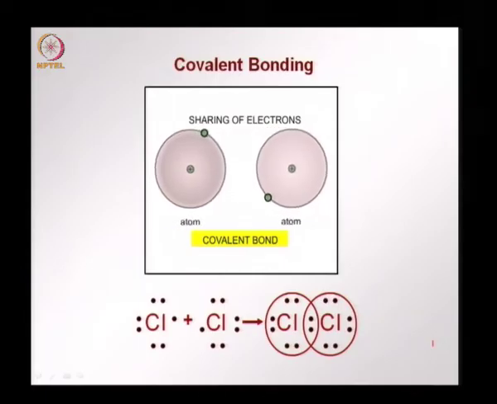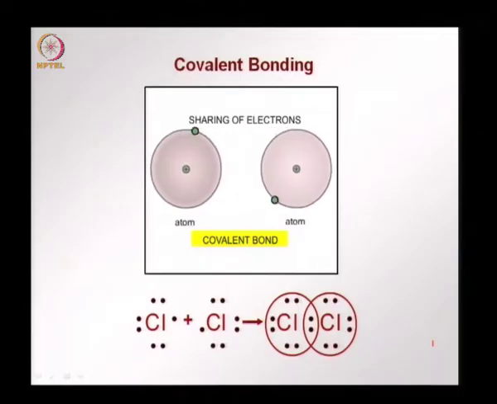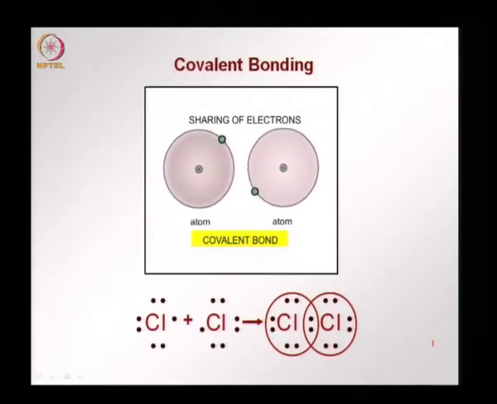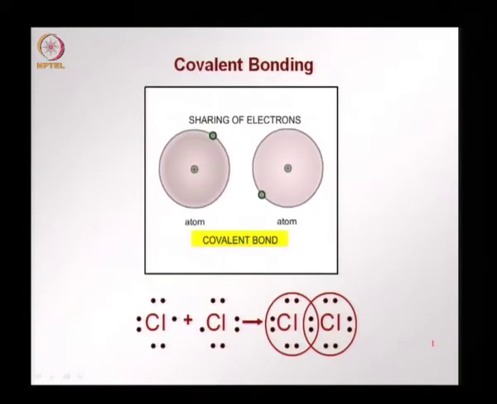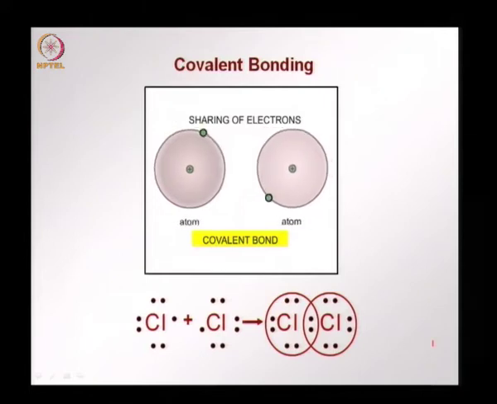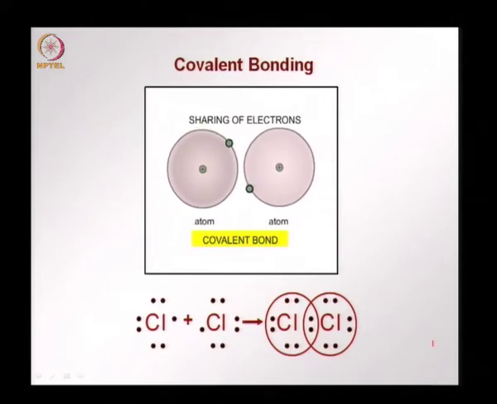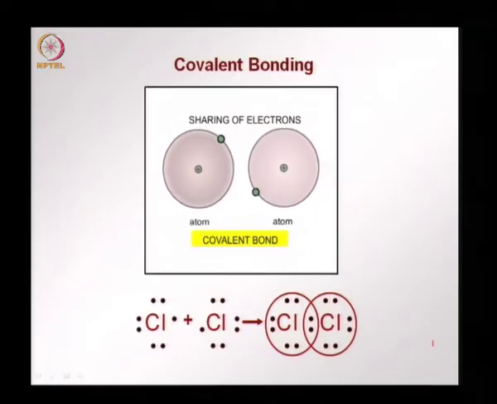Chlorine has 7 electrons in the outer shell, and we find that when 2 atoms of chlorine get together, then a covalent bond is formed, 2 electrons are shared between the 2 atoms, and you have the octet configuration and you have a chlorine molecule.